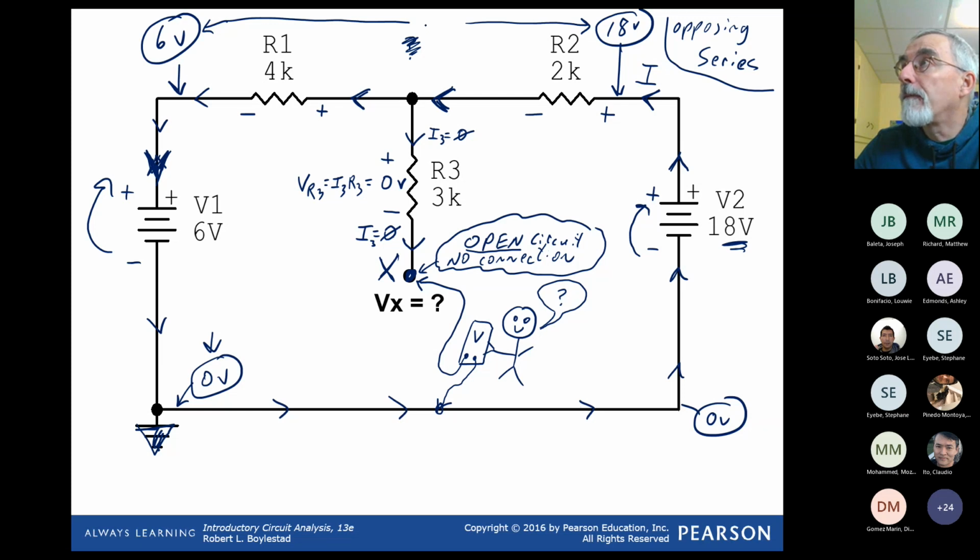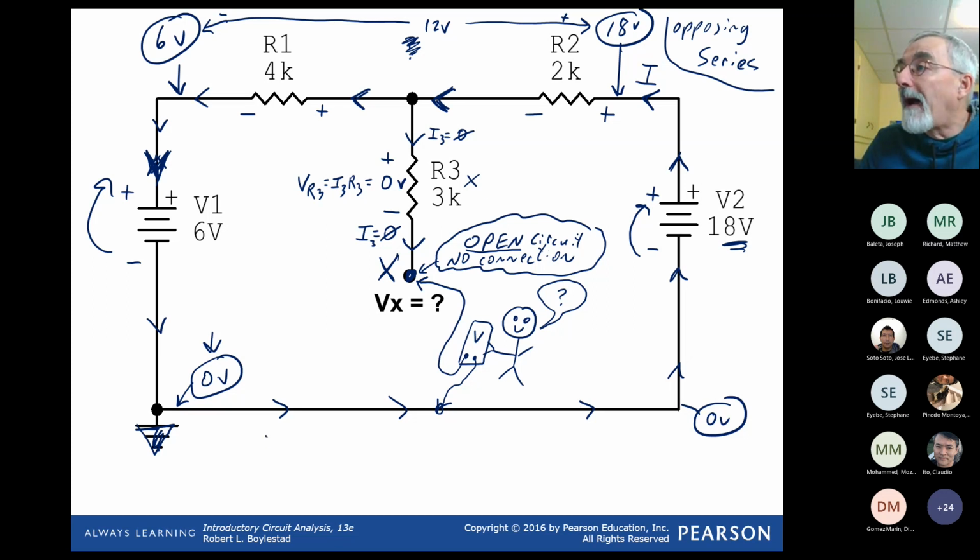What is, pardon? 12? 12? Thank you. 12 volts. So from 18 to 6 is a drop of 12 volts. This 12 volts is dropped across a 2K and a 4K. R3 does not contribute anything. No current, no voltage. It's just there, maybe as a trick.